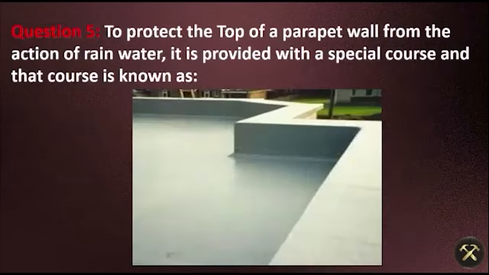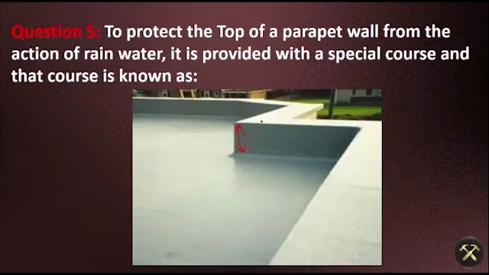That's question number 5. To protect the top of the parapet wall from the action of rain water, it is provided with a special course. For example, in this picture, this wall is called the parapet wall. Normally we build this parapet wall on the roof, like a penthouse on the last floor.